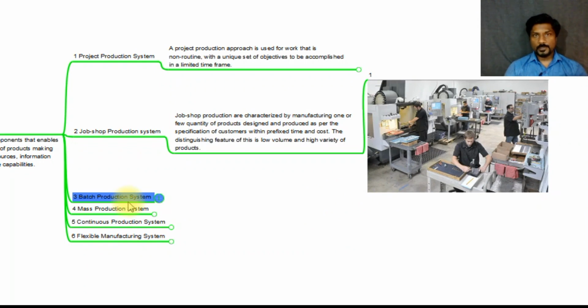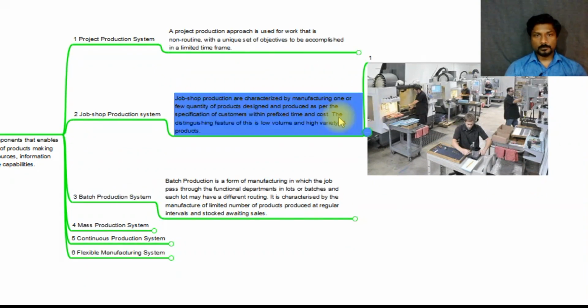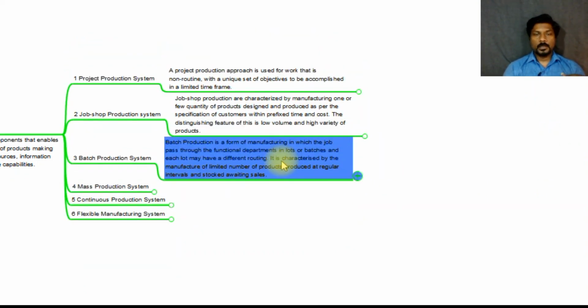Now the batch production system is where the job passes through different functional departments usually, and you create products in groups, batches. If you need to make 1000 units of one particular product, then that is treated as a batch.